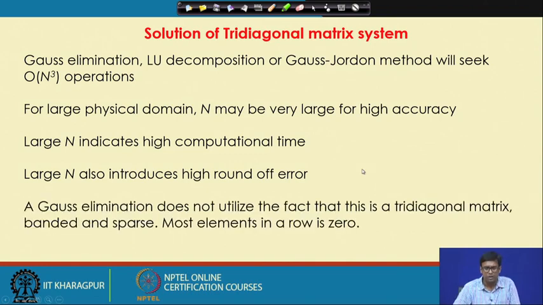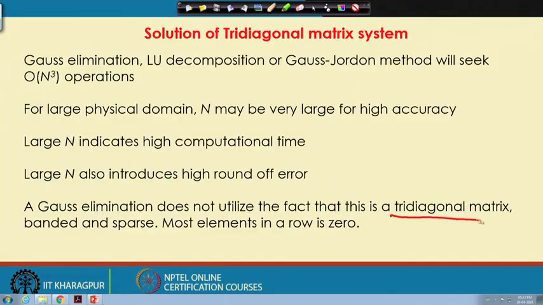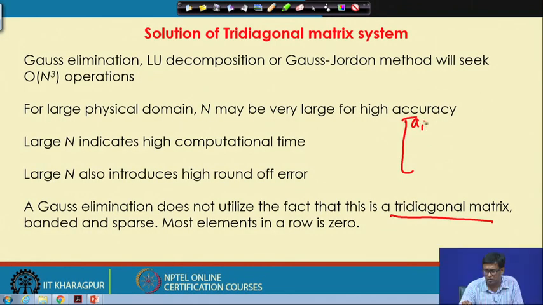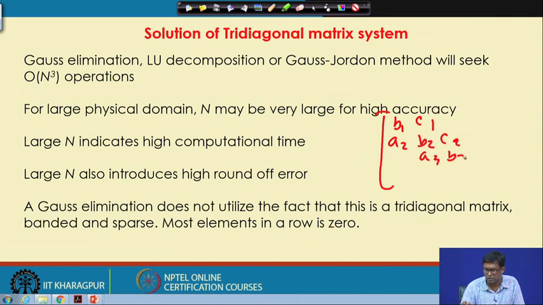Gauss elimination is a method for a general matrix, but it does not utilize the fact that this particular tridiagonal matrix is banded and sparse, and most elements in a row are 0. For example, if we apply Gauss elimination, B1 C1 and then A2 B2 C2, A3 B3 C3.